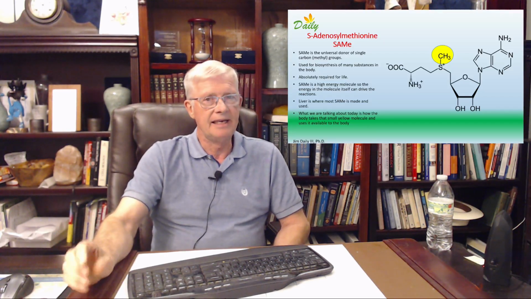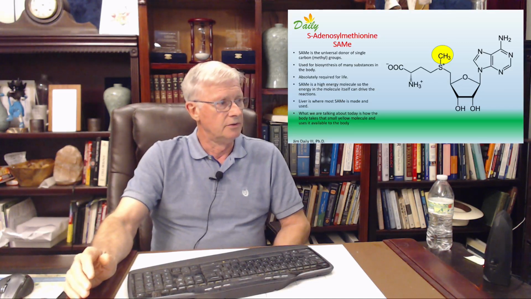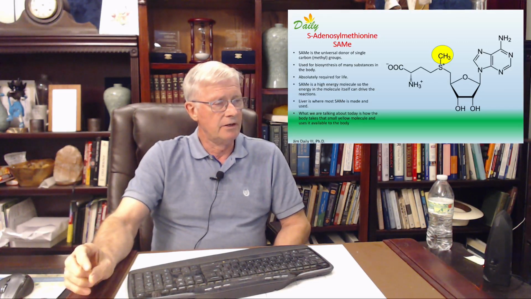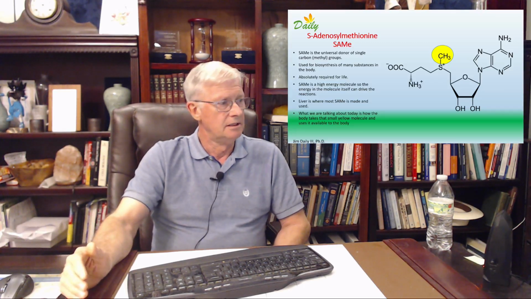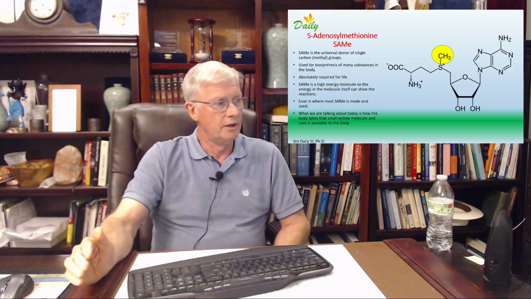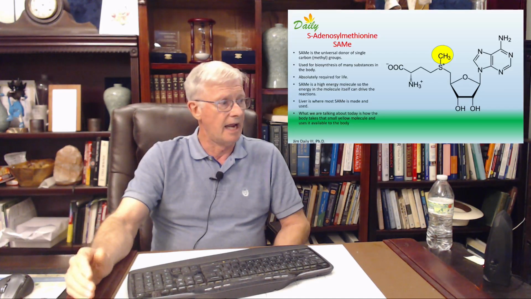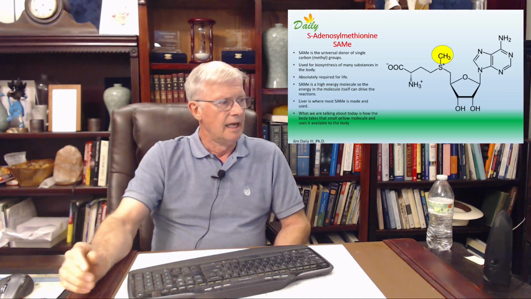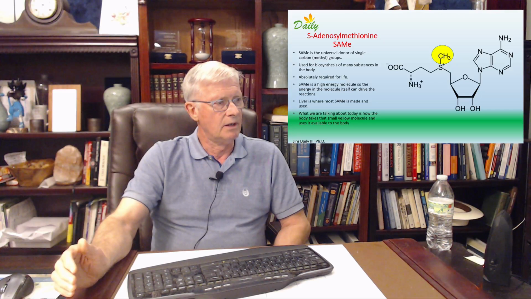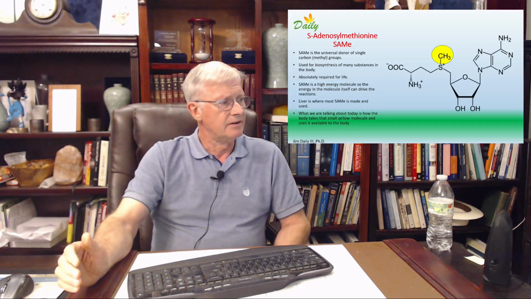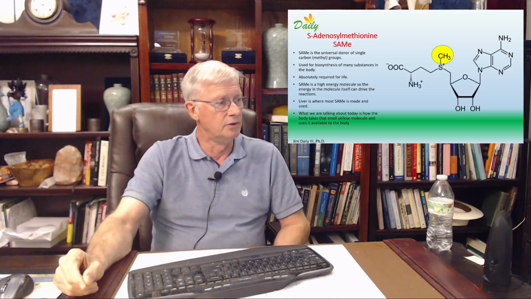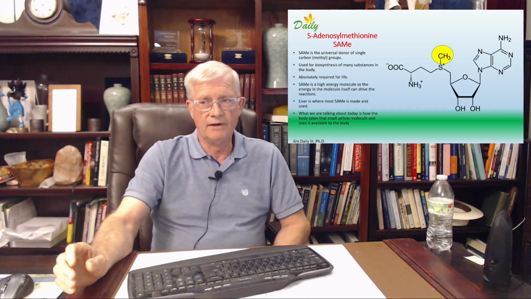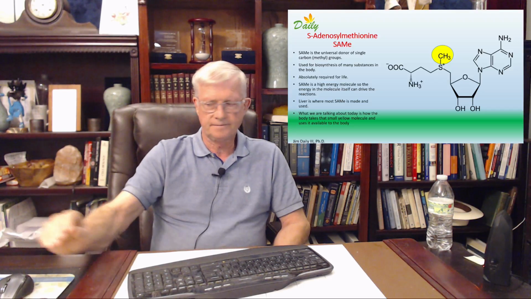SAMe is a high energy molecule. So the energy molecule itself can drive many of these reactions. Liver is where the most SAMe is made and used. And we're talking about today how the body takes that small yellow highlighted molecule and uses it to make it available in the body.